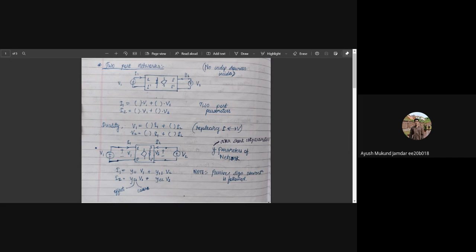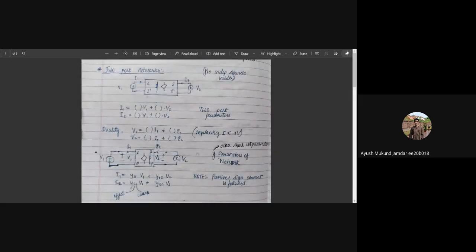Y will be the ratio of I to V, so the other parameter will definitely be V1. That is, when V1 is 0, the ratio of I1 to V2 is the effect on I1 by V2. I hope that's clear.